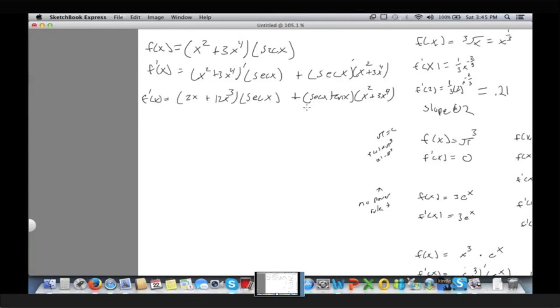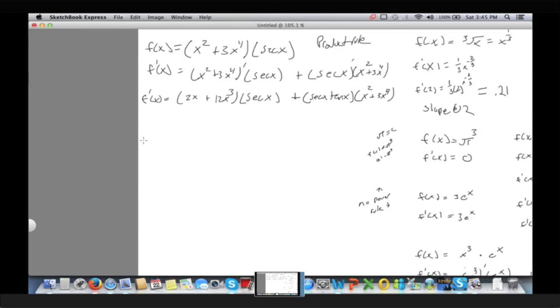Derivative of secant x is secant x tangent x, and then it stays. Alright, and this is the product rule. Okay, that's that. Good. All right, that's a good process. So let's try another one.